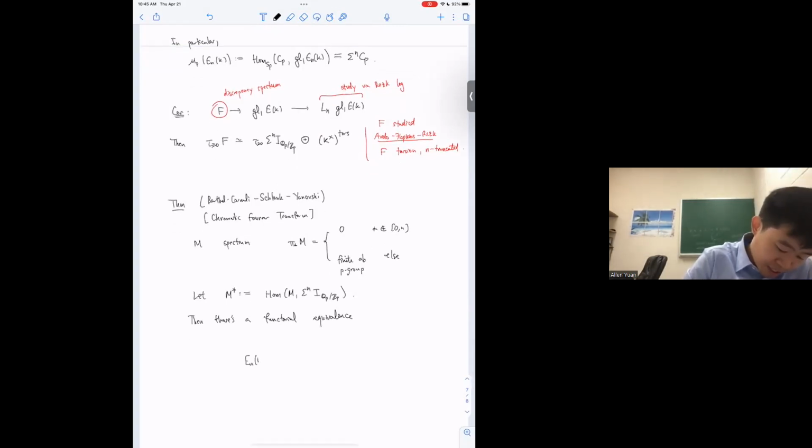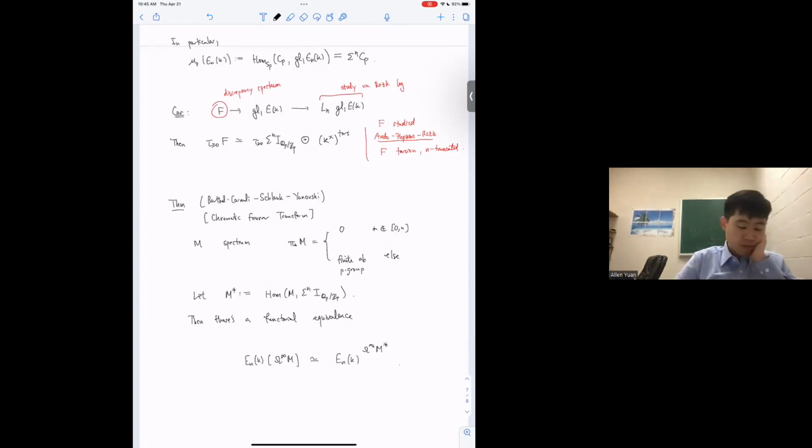From the homology of Loops infinity of M with E_n K coefficients, to the cohomology of Loops infinity of the dual of M. Because this is homology of an infinite loop space, it has the structure of both an E infinity algebra and an E infinity coalgebra.